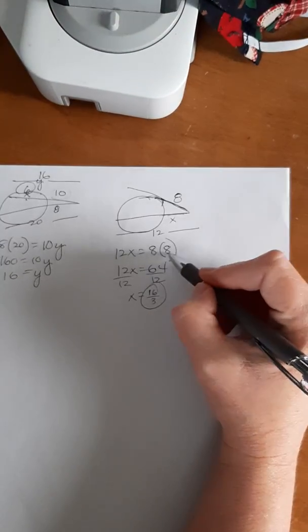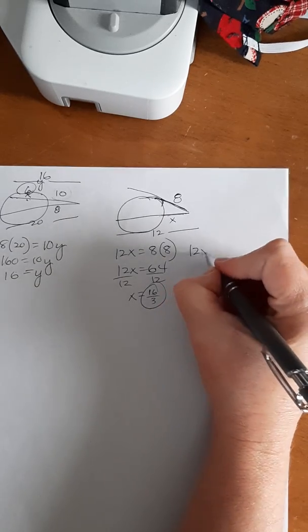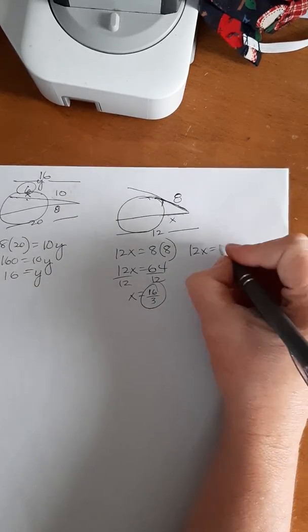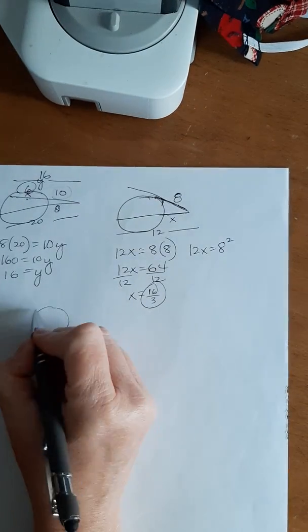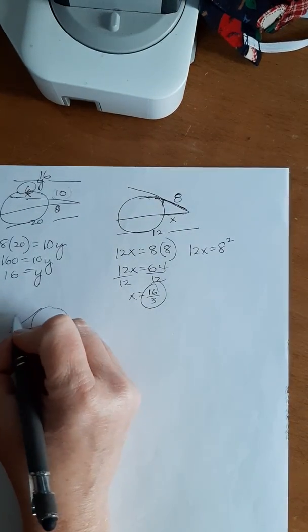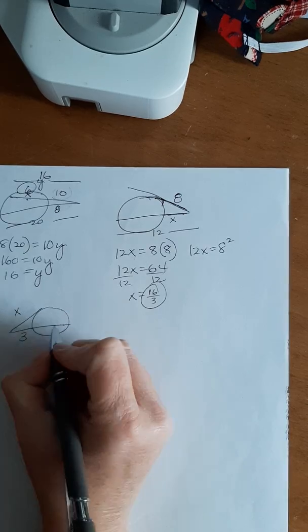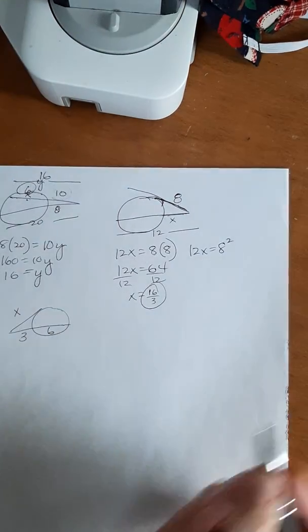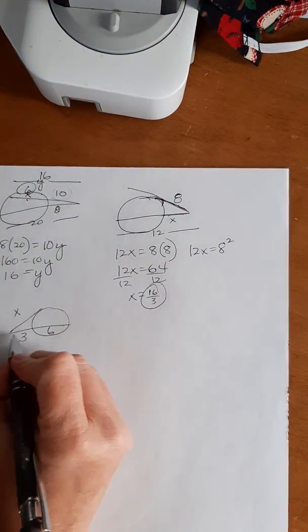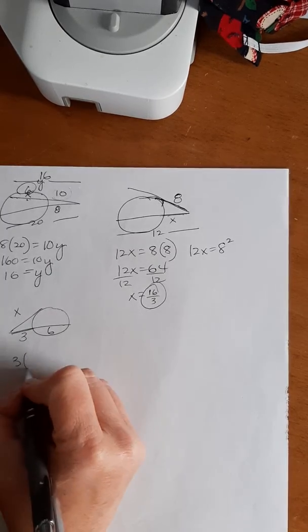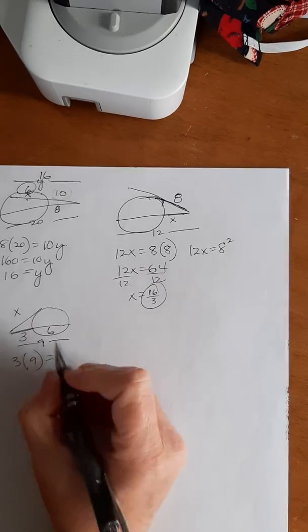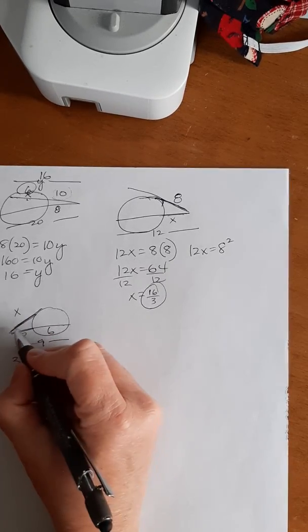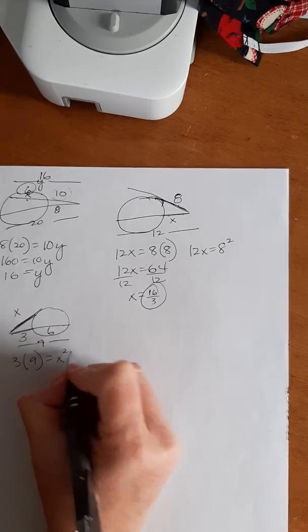Now, rather than write it out twice, if you wanted to think of that as squaring this, same exact answer. So like if I had, let's say, x, 3 and 6, outside times the whole equals outside times the whole, so x squared.